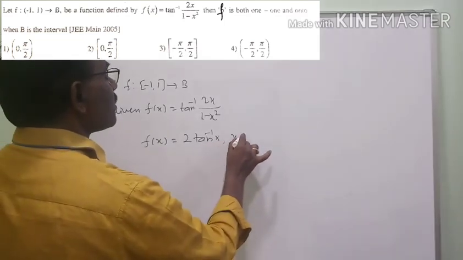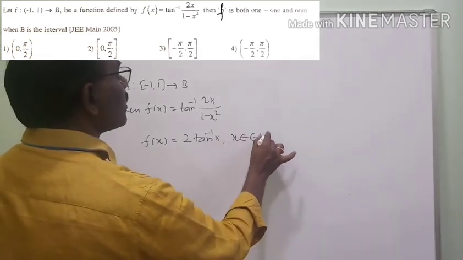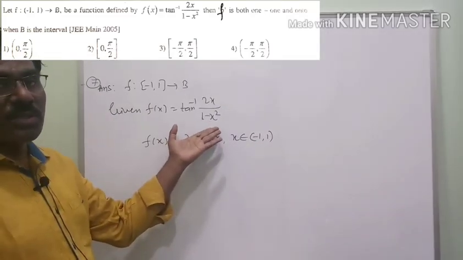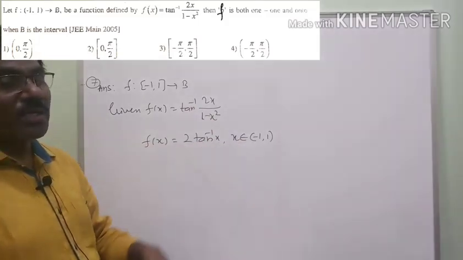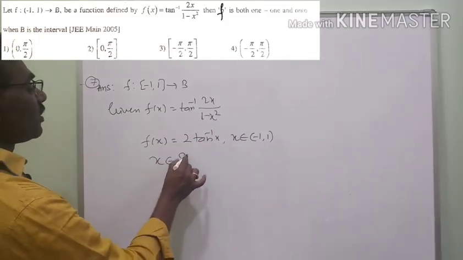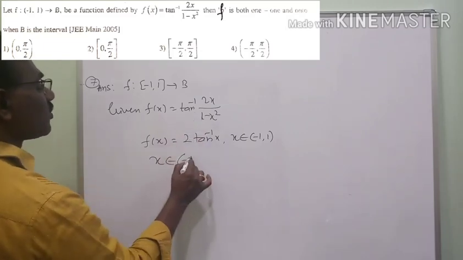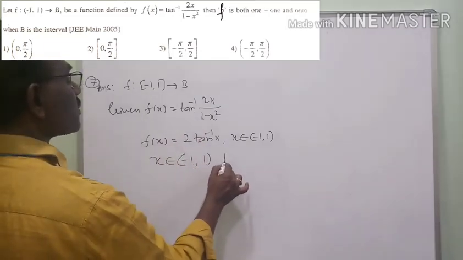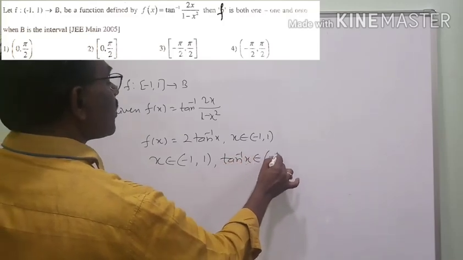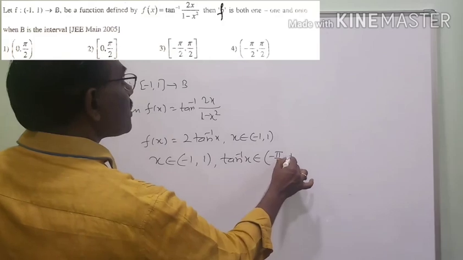But x is between minus 1 to plus 1, even 1 is not possible, even minus 1. So x belongs to minus 1 to plus 1. So tan inverse of x lies between minus pi by 4 and plus pi by 4.